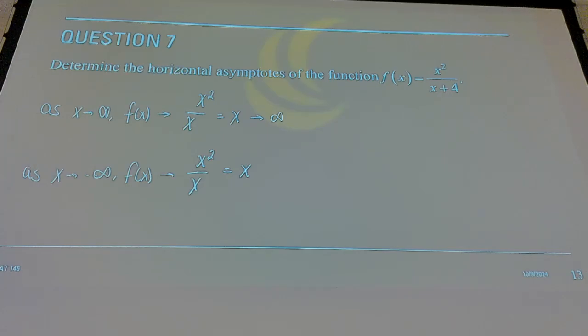The interest alone would probably be more than your monthly income, to be honest. That tends to minus infinity. So there's no horizontal asymptote.